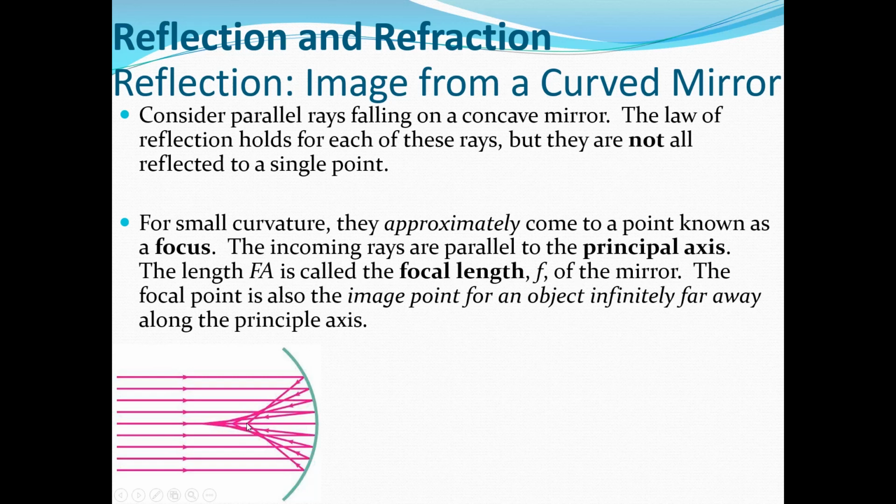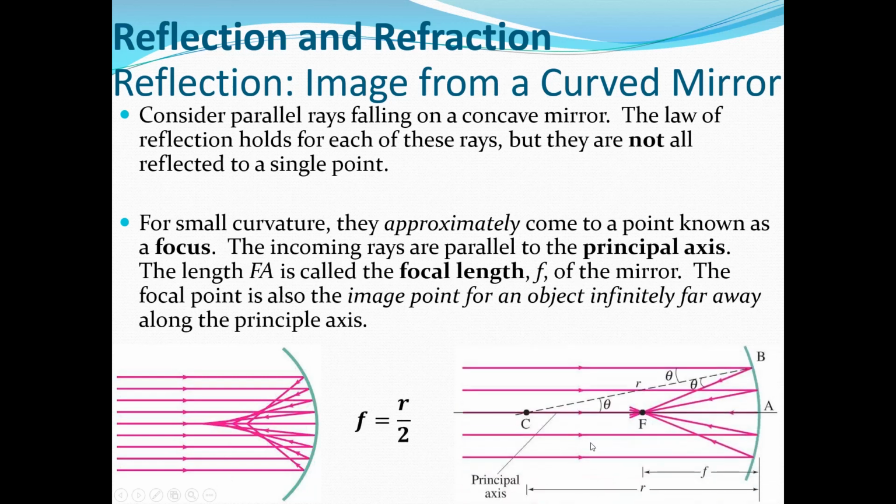And if they didn't come in parallel, because some people have asked me, what if the angle is coming this way, so it's at an angle from the principal axis? It still abides by the law of reflection, and the focal point will then be at an equal angle below the principal axis.